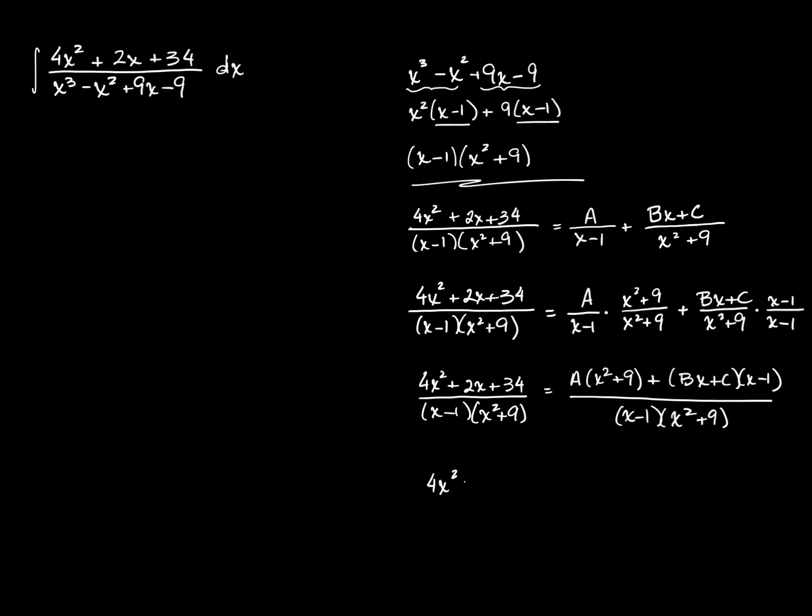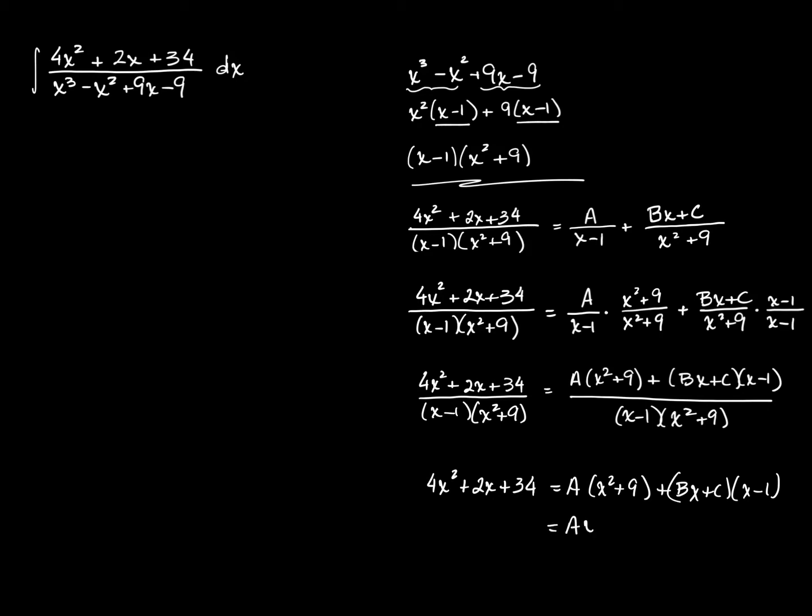So I can now write 4x squared plus 2x plus 34 has to equal A times x squared plus 9 plus bx plus c times x minus 1. And then I'll carry on here.